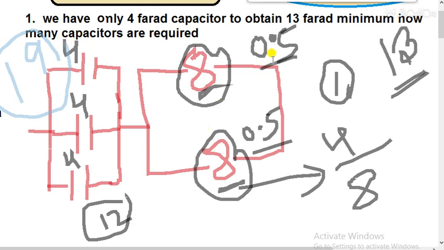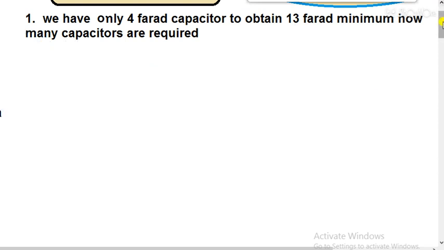There can be many options that can give us maximum capacitors. Maximum capacitors can be 50 also. Maximum capacitors can be 60 also, but minimum capacitors you can find. So minimum capacitors to make 13 farads, 7 will be the right answer. So we will see some questions of similar type, then you will understand better.